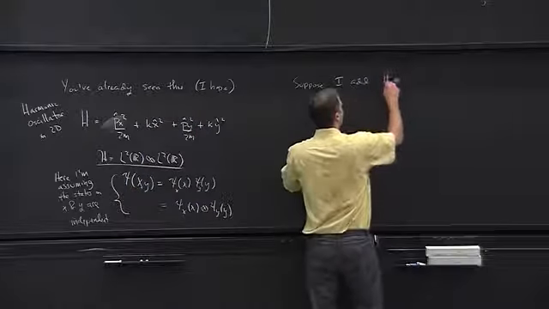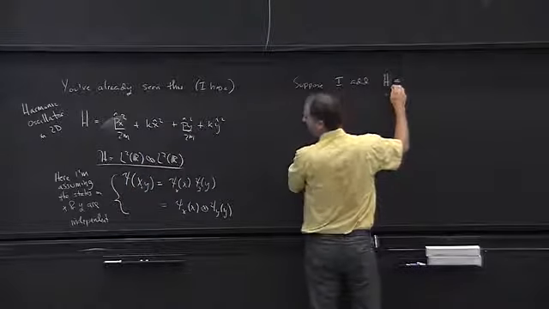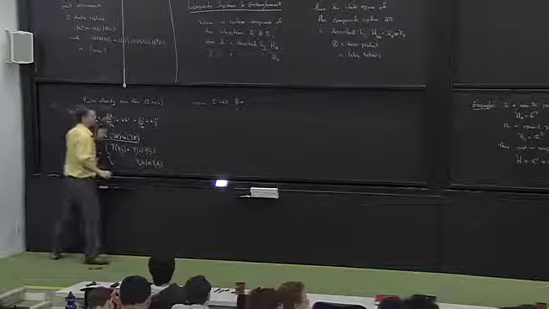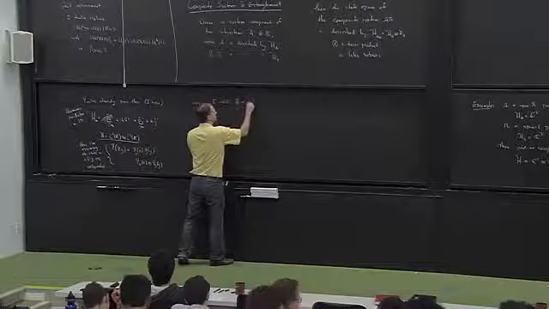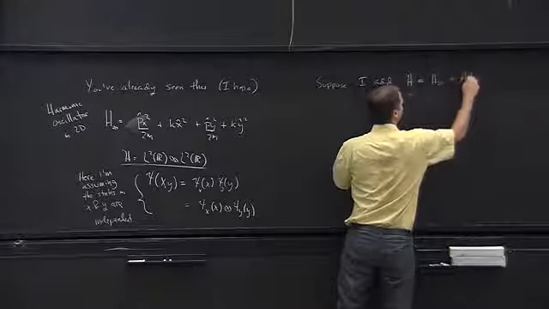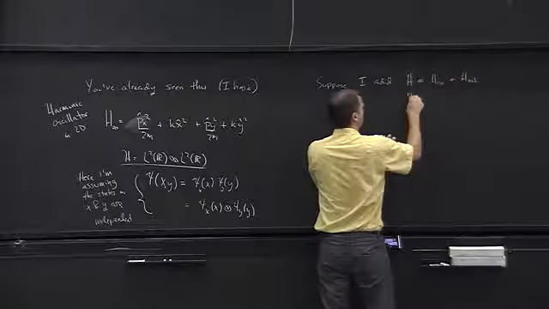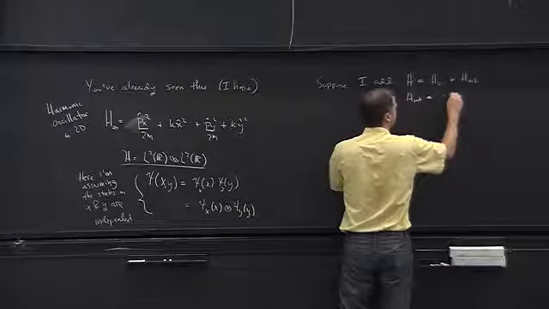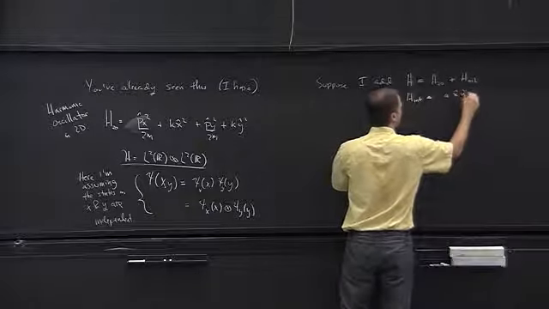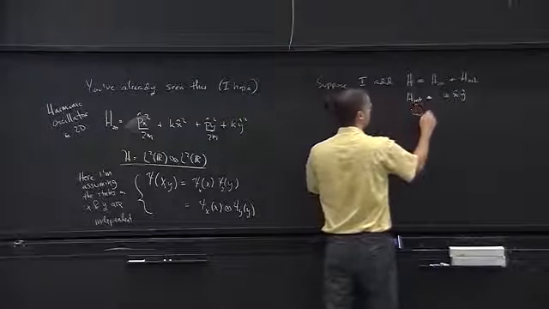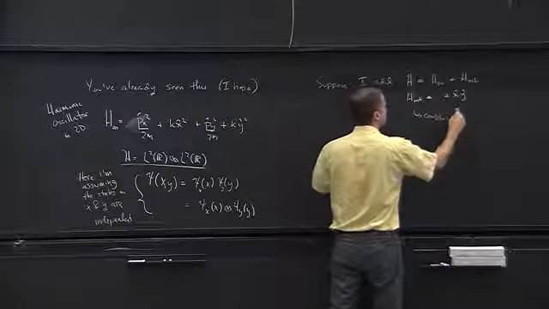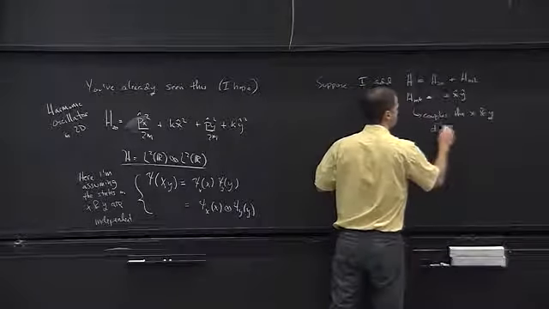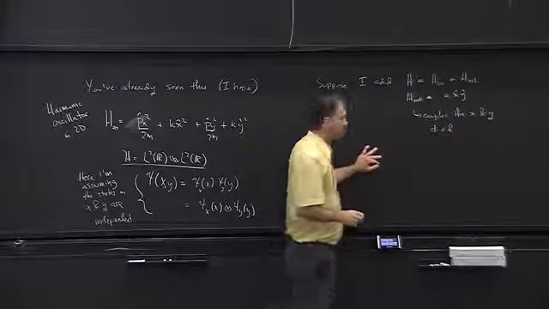Suppose I add a Hamiltonian term, where let's call this H_2D. We'll let H be H_2D plus an interaction Hamiltonian, where H_interaction is equal to A x y. So this is a coupling. This couples the x and y degrees of freedom.